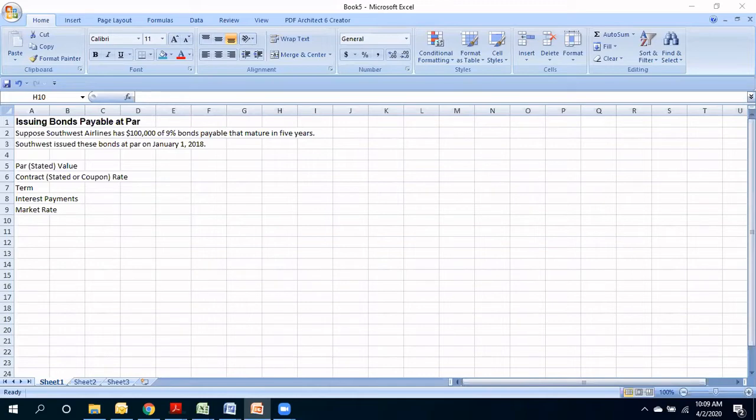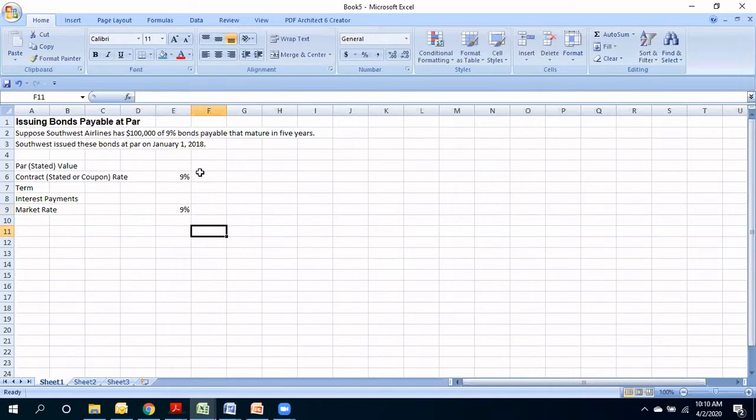We're going to use this one because it's fairly straightforward and the numbers are pretty easy. So if you recall, when bonds are issued at par, the interest rate that the bonds are going to pay is identical to the market rate.